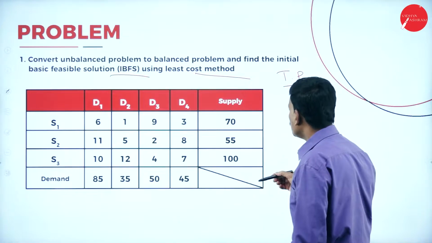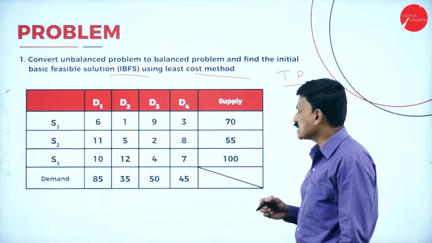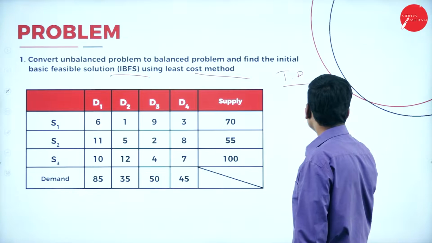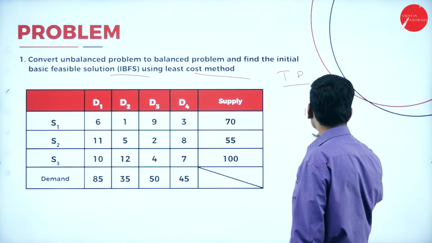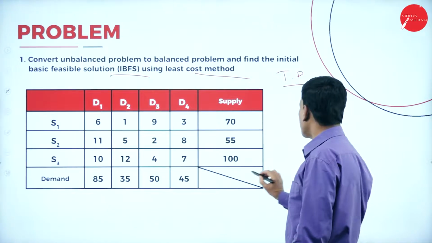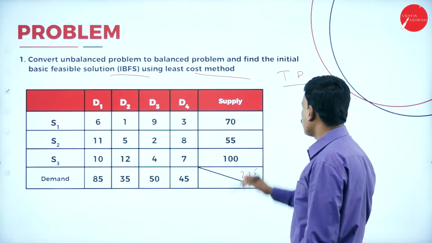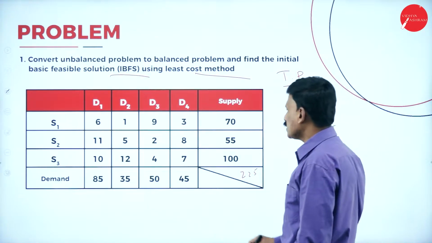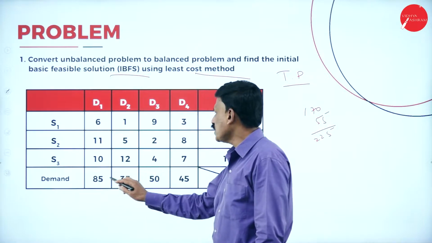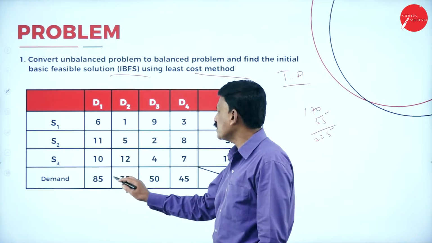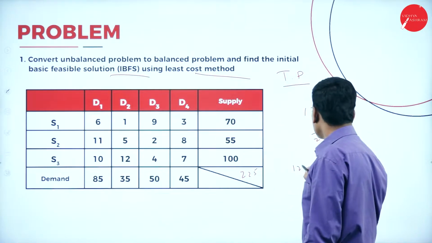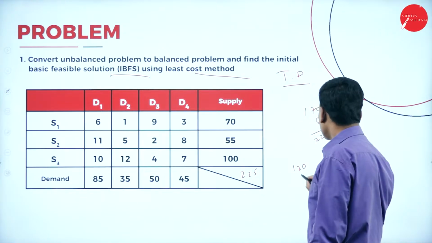Now let us check here. 100 plus 70, 170 plus 55, this is equal to 225. So the supply is equal to 225. Let us verify the demand. 85 plus 35 is 120. Again 50 plus 45 is 95.